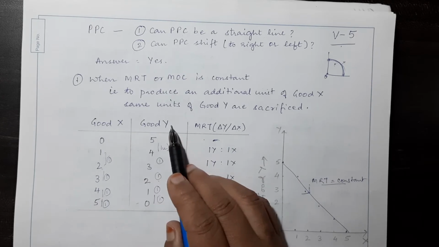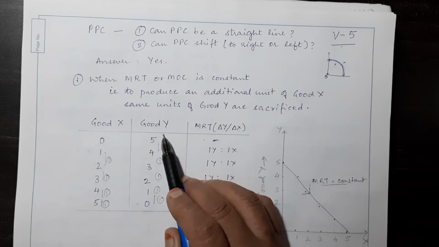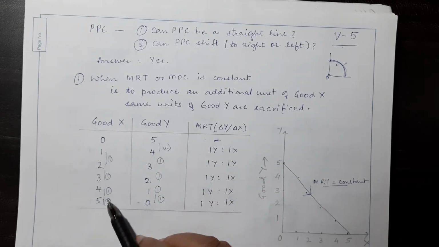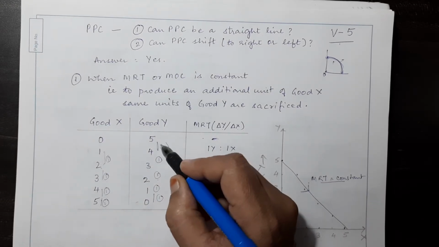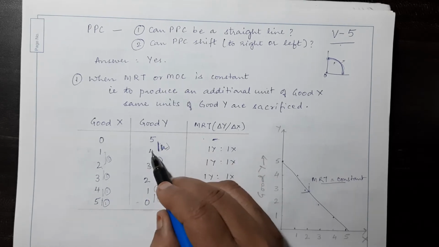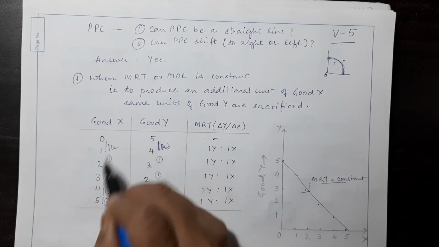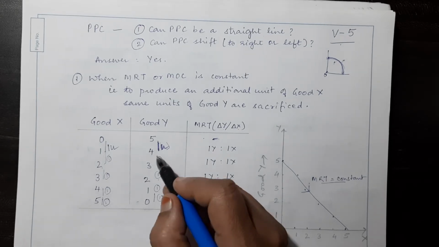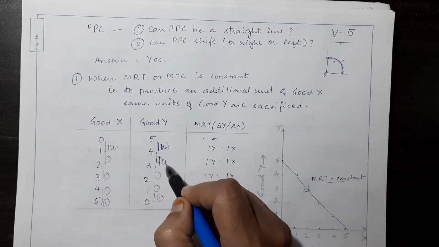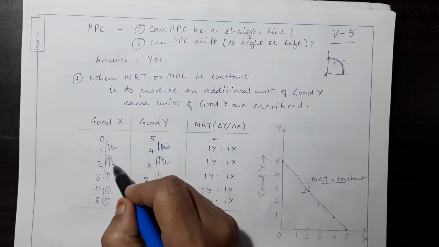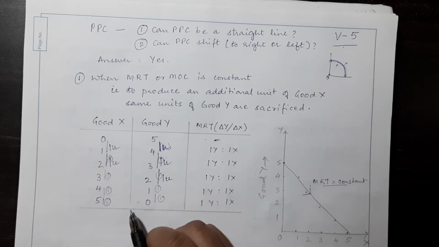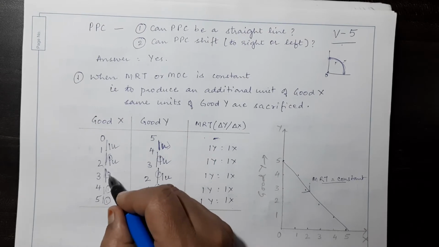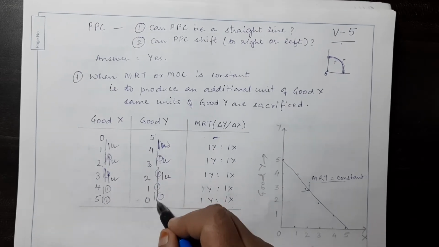Let's see good X and good Y. As we learnt earlier, all the resources can be used to produce good Y, or all the resources can be used to produce good X. Now we are sacrificing one unit of good Y to produce one unit of good X. Further, we forgo one more unit of good Y to produce another unit of good X. Further still, we are sacrificing one more unit of good Y to produce another unit of good X. So this continues till the end.